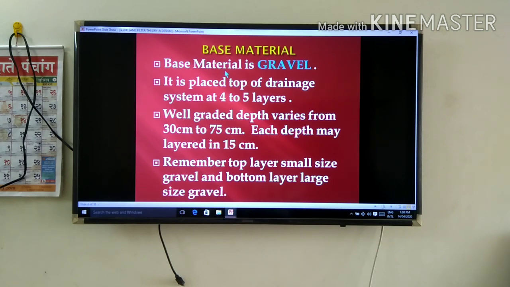Well graded, the depth varies from 30 centimeter to 75 centimeter. Each layer may be 15 centimeter deep. Remember, the top layer has small size gravel and the bottom layer has large size gravel. That means with 15 centimeter each layer, you provide 4 to 5 layers. At the top side you provide very small size gravel, and at the bottom side you provide large size gravel. That you have to understand.